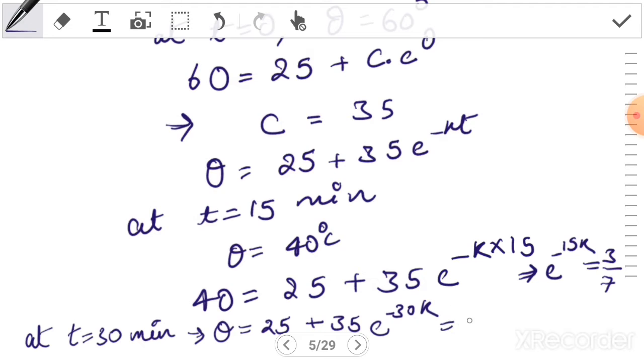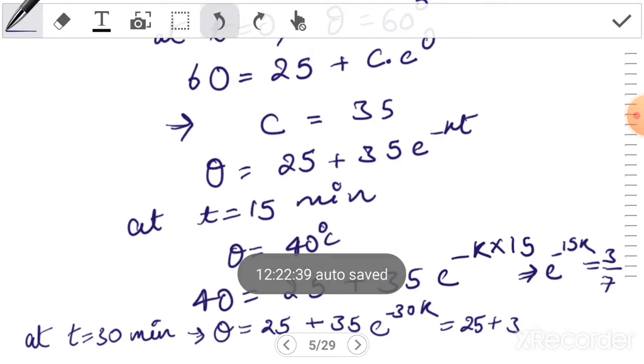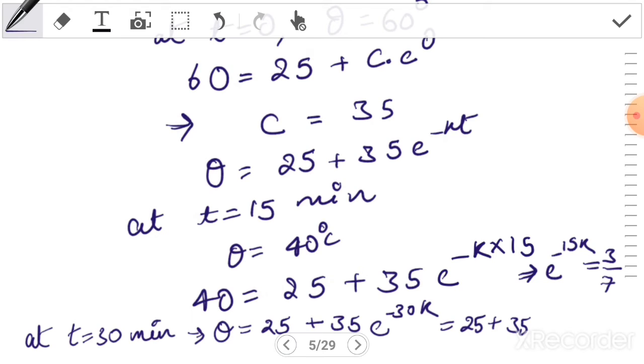So we can write this as 25 plus 35 e power minus 15k times 2.